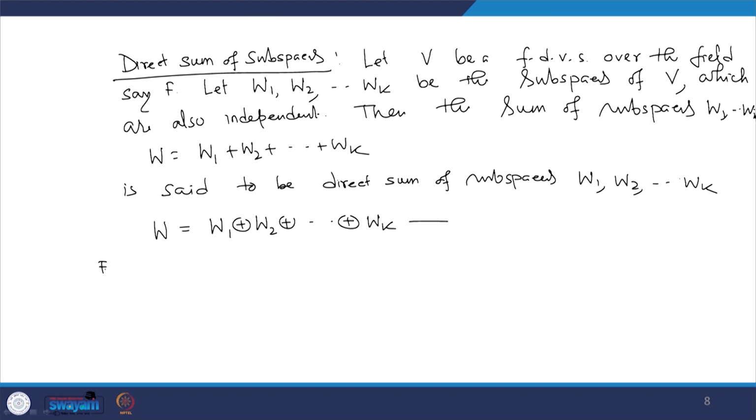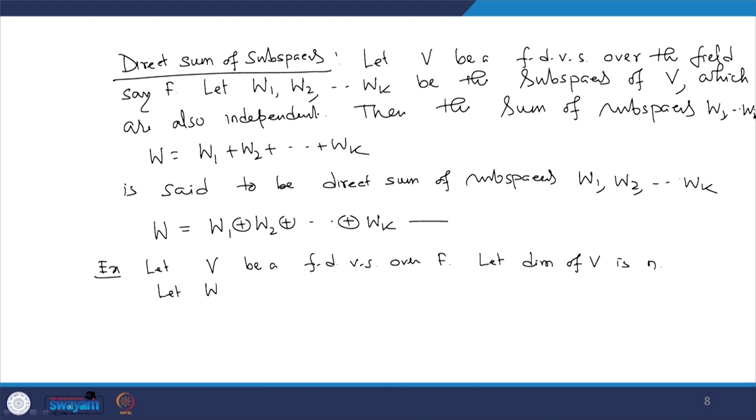For example, let V be a finite dimensional vector space over the field F, and let the dimension of V be n.